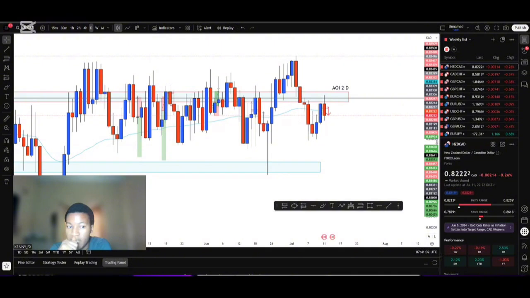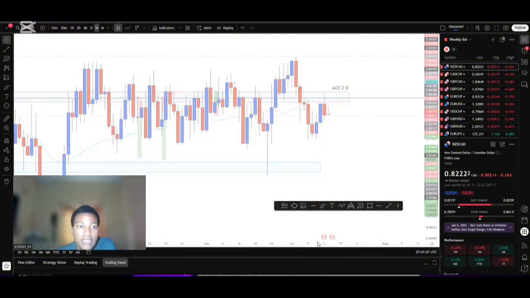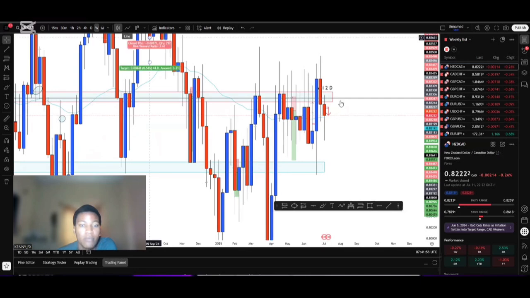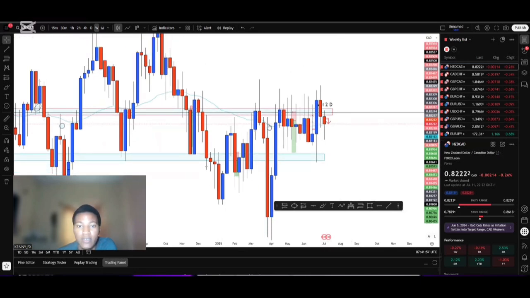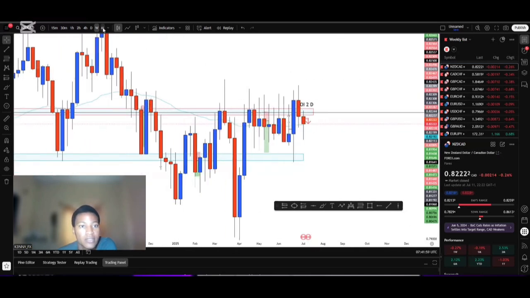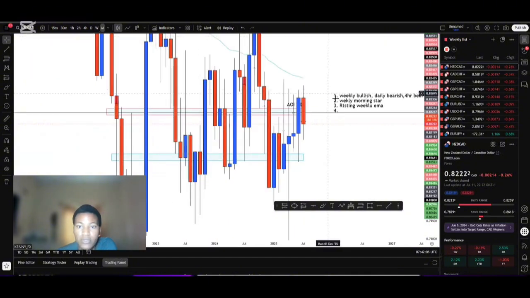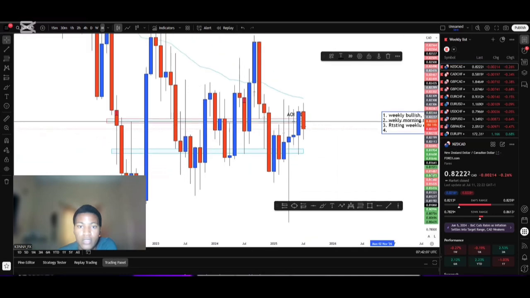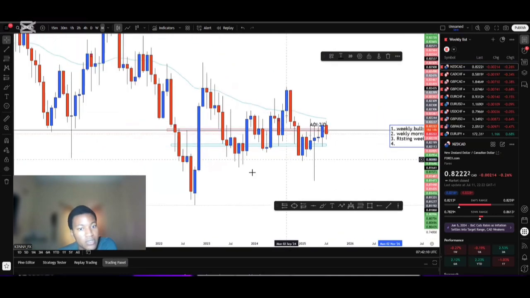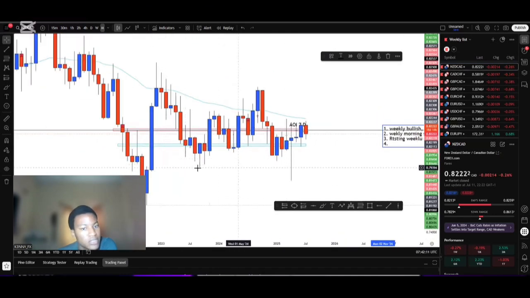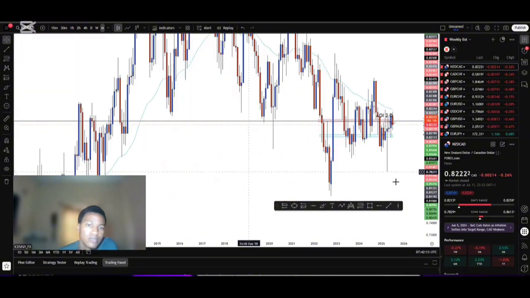So the first pair on my list this week is NZD/CAD. Come to the chart. I come to the weekly. That's the first place I come to, the weekly time frame, and sometimes the monthly time frame, depending. If you come to the monthly, you look at how the monthly is currently bullish, no, let me see.